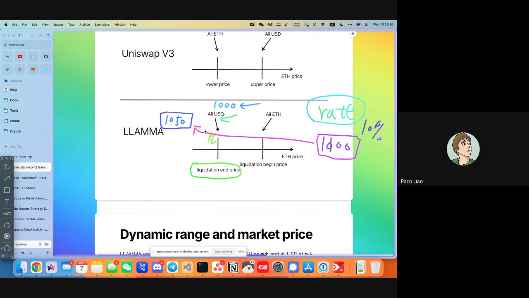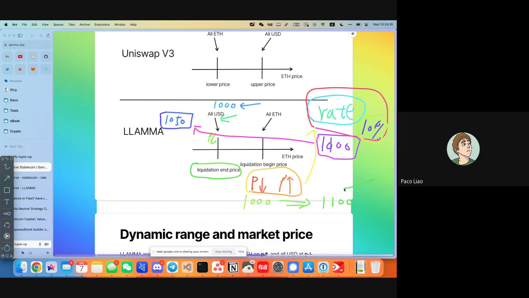So it would be risky for the protocol in the long term because, because of the rate, everyone's debt is increasing. So the protocol also moves this liquidation end price and liquidation begin price. This is also P down and P up. All the prices also increase with this rate. So let's say the rate is 10%. At the starting point, the P down is 1,000. So after a year, this P down maybe becomes 1,100.